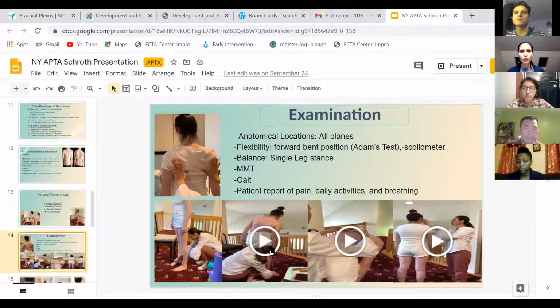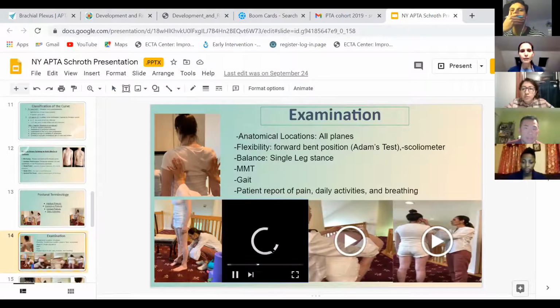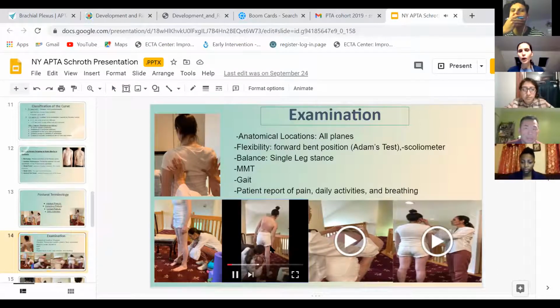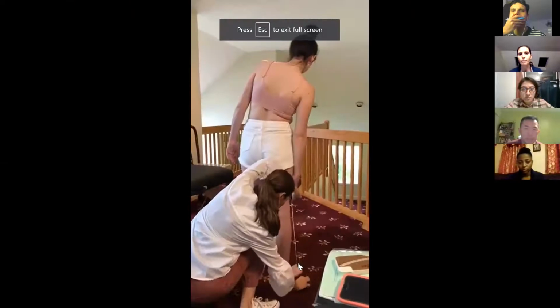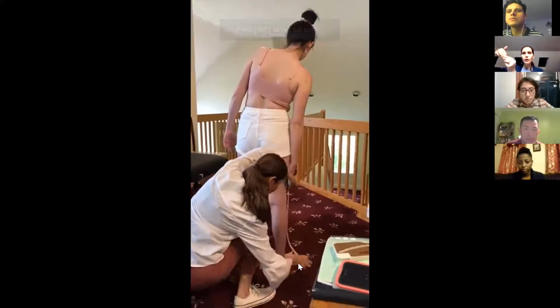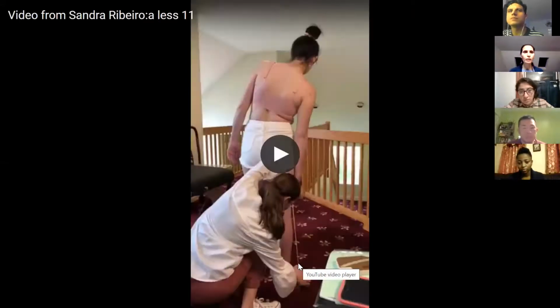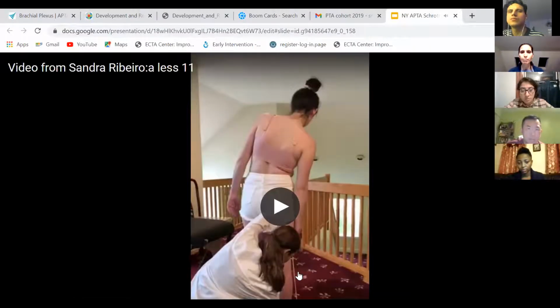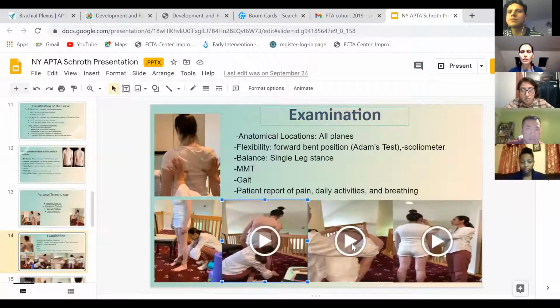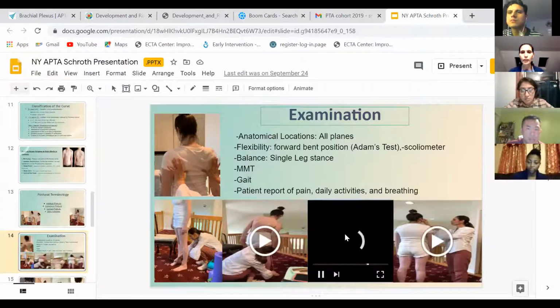So then we do, let me see if it pulls up. I do side bending, because you will have side bending that is, so from the third finger down, okay? So she has a mild scoliosis, and here's me showing.